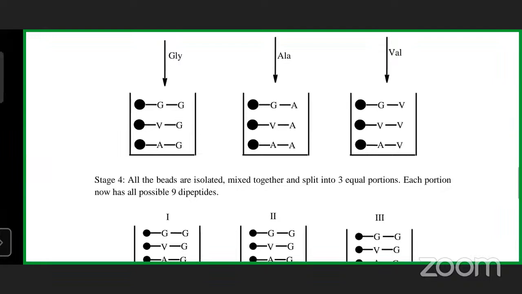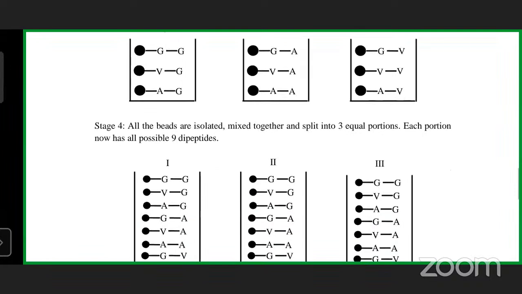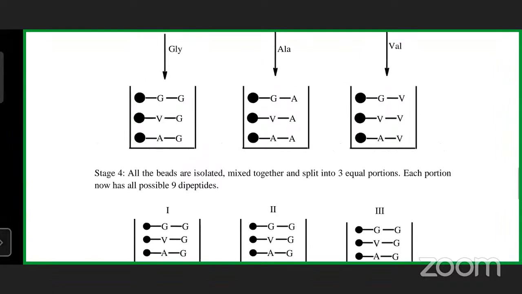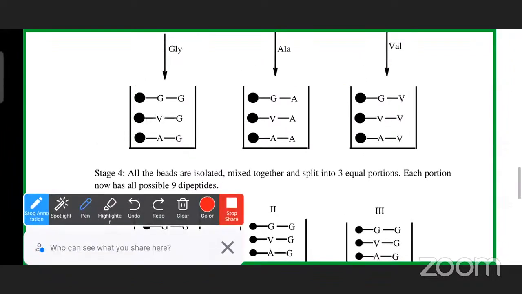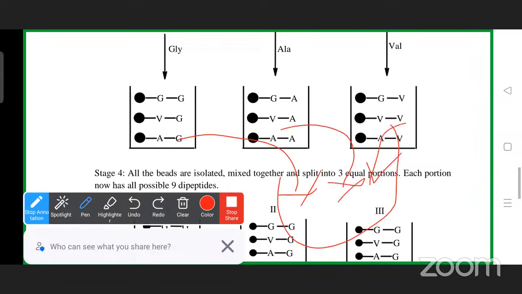Now you mix all three reaction vessels in one reaction vessel, right? Take a big reaction vessel and you add this here, and you add this here, and you add this here. So the dipeptides from all three reaction vessels are mixed together in one reaction vessel.